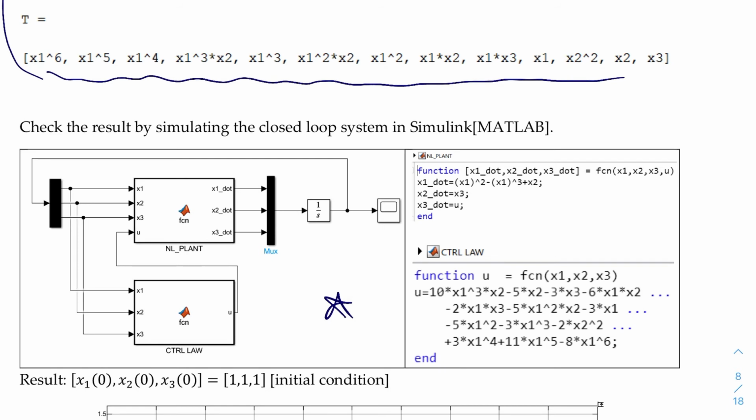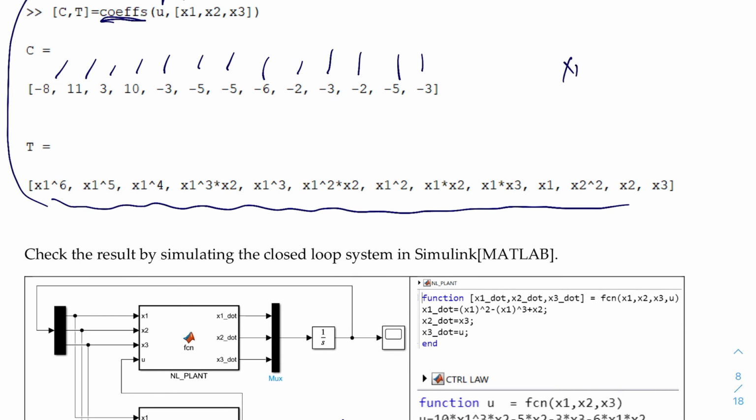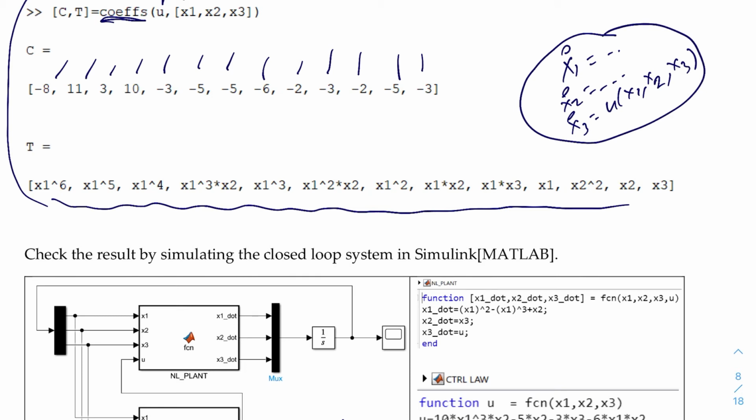You could write it by using ODE45 or something, because x1 dot is something, x2 dot is something, x3 dot involves u, but u is now a function of x1, x2, x3, so you have an autonomous nonlinear dynamical system, which you can of course simulate by using ODE45 in a MATLAB script.